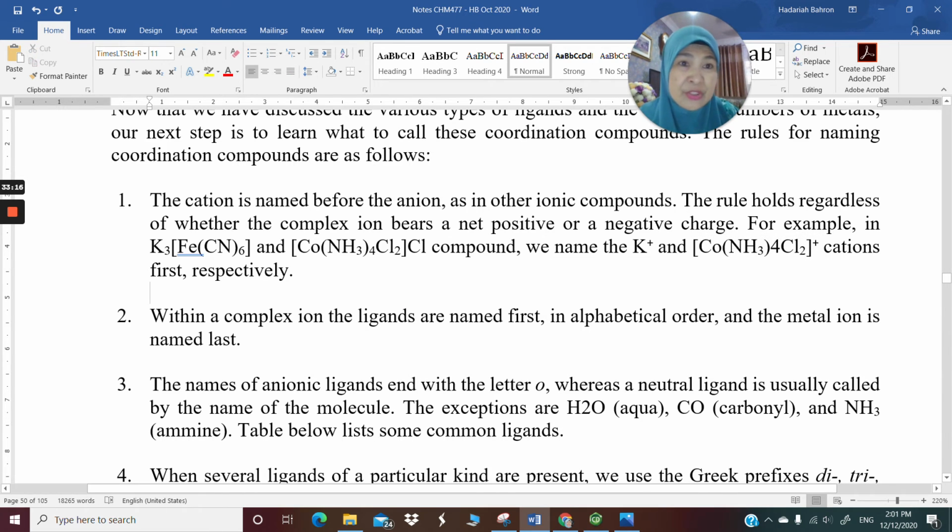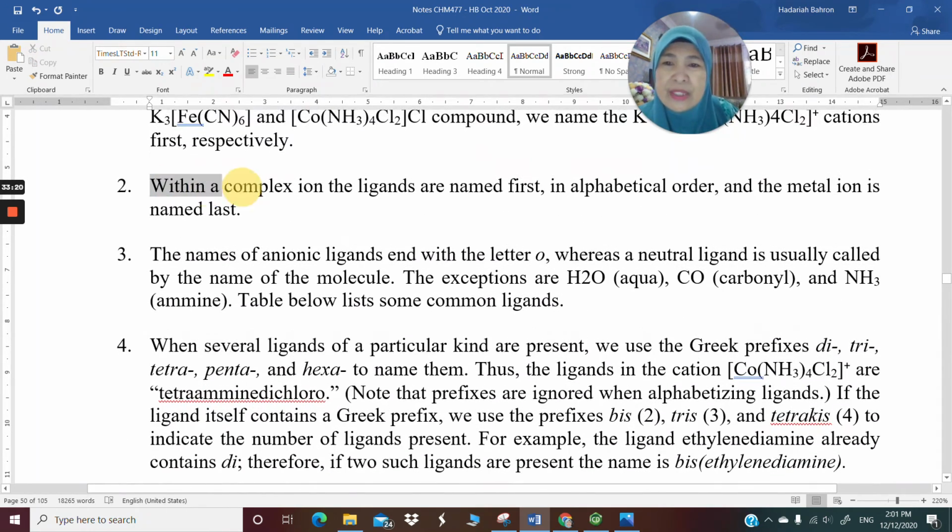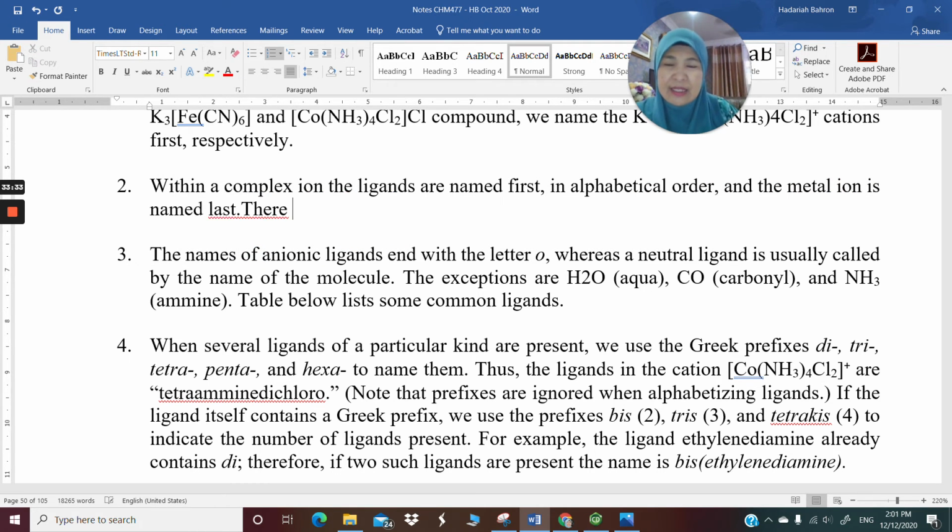Now, second rule: within a complex ion, the ligands are named first in alphabetical order, and the metal ion is named last. And there is no space in the name of the complex ion.